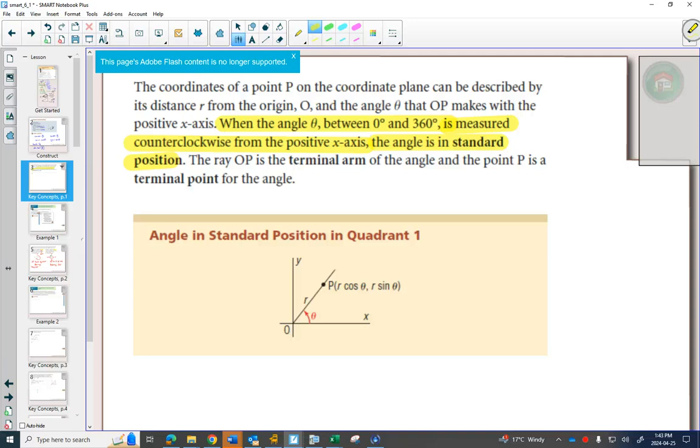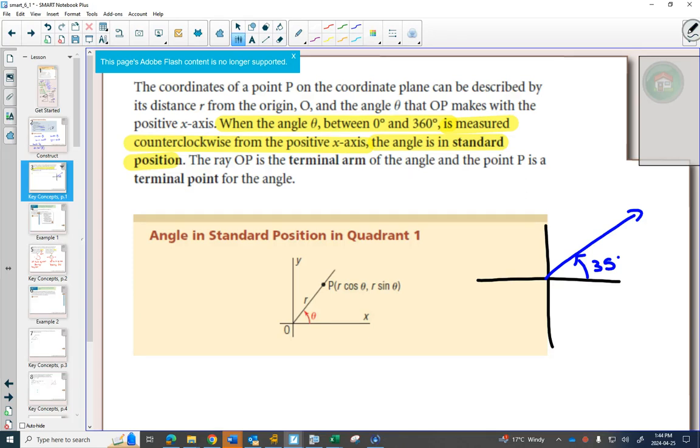And so we come up with this standard position of an angle. If I want to draw an angle in standard position of 35 degrees, I would draw my 4 quadrants from my x-axis and my y-axis. I would start from my positive x-axis and measure 35 degrees.